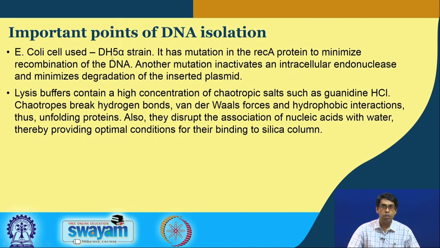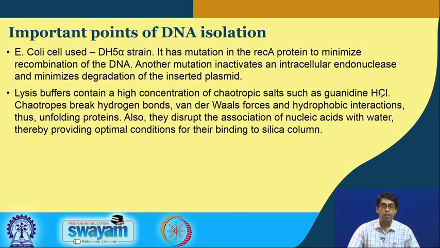The first thing that we do is lyse the cells. So, we break open the cells, and the lysis buffer is something that is very specially designed, because it has several things. First of all, the lysis buffer contains a high concentration of chaotropic salts. An example of a chaotropic salt is guanidine hydrochloride. We saw guanidine hydrochloride again in the context of protein folding and unfolding experiments.